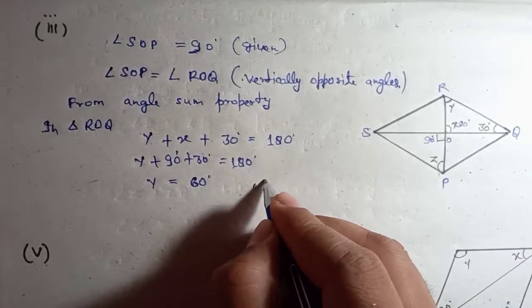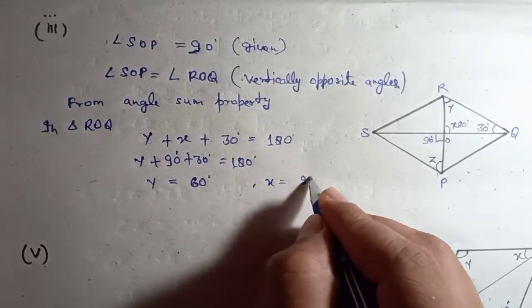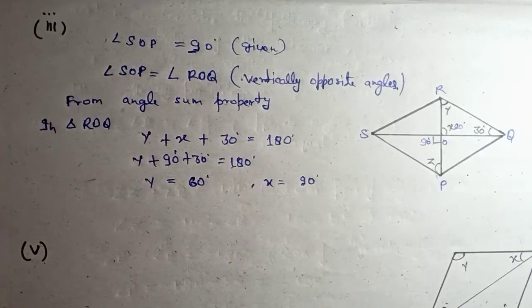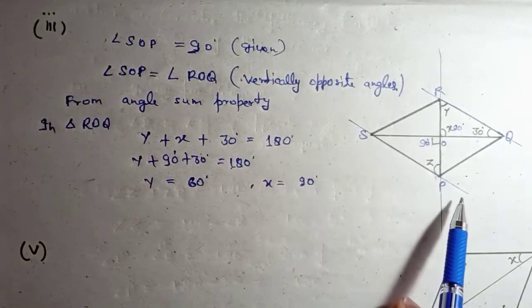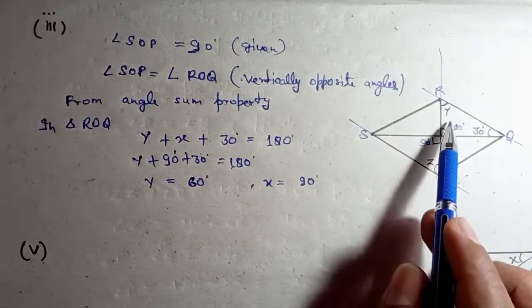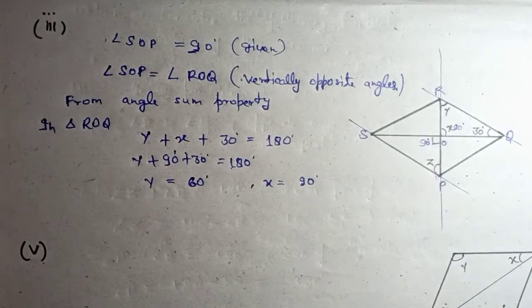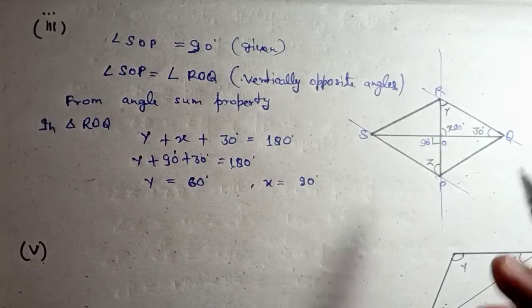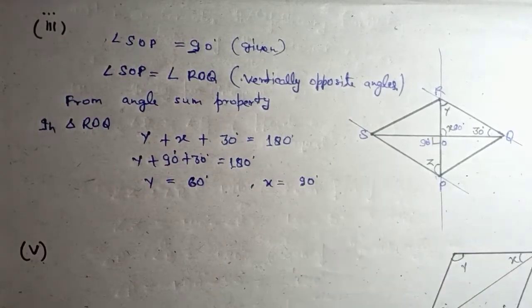Now we need to find the value of Z, because X and Y are known now. Y is equal to 60, X is equal to 90 degrees. Here, if you extend these two lines, SP and QR, you can see here Y and angle Z are alternate interior angles, and the value of Z and Y is equal.